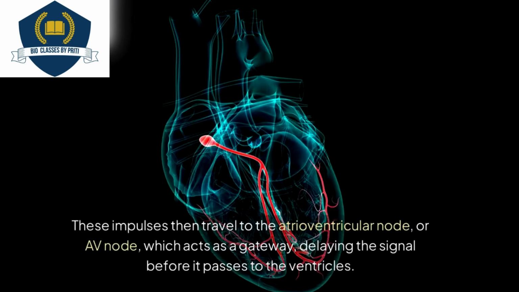These impulses then travel to the atrioventricular node, or AV node, which acts as a gateway, delaying the signal before it passes to the ventricles.